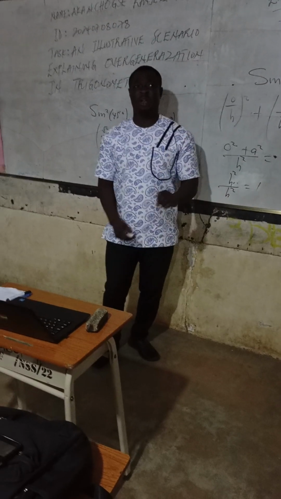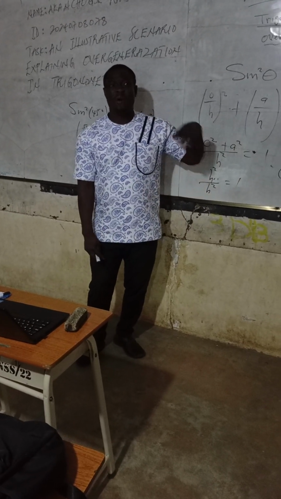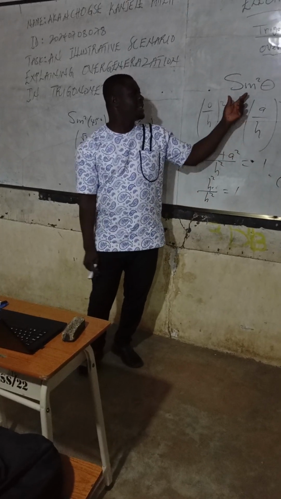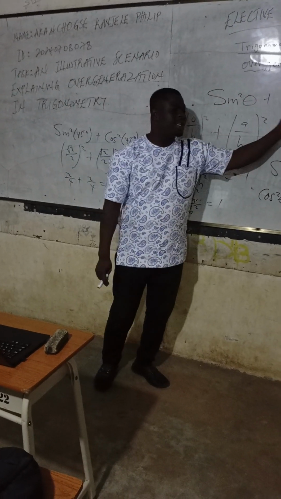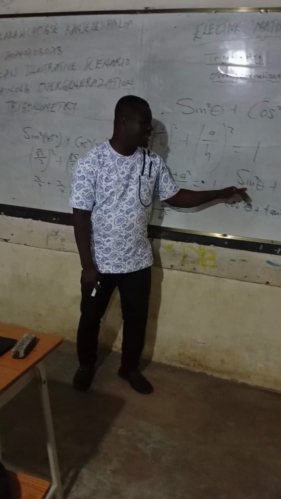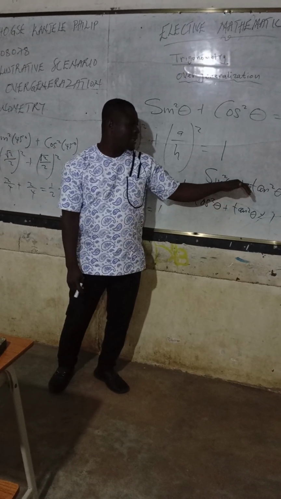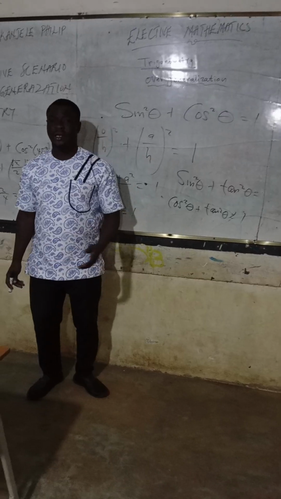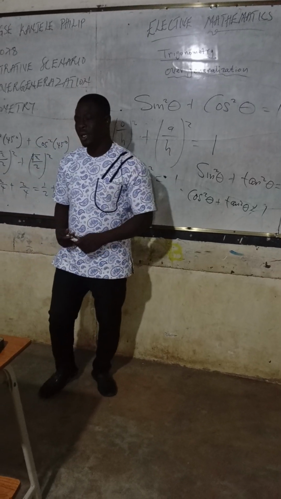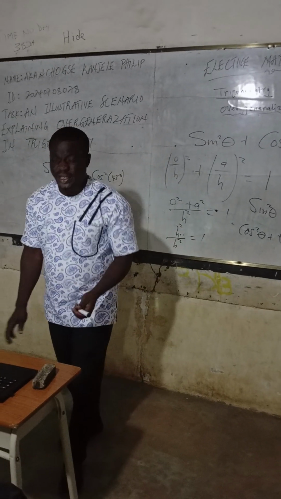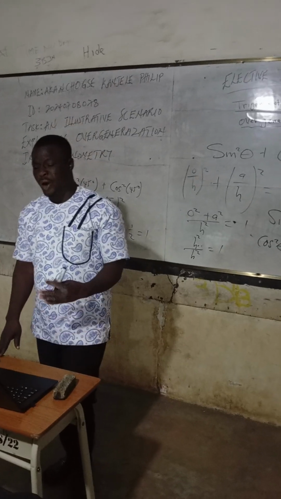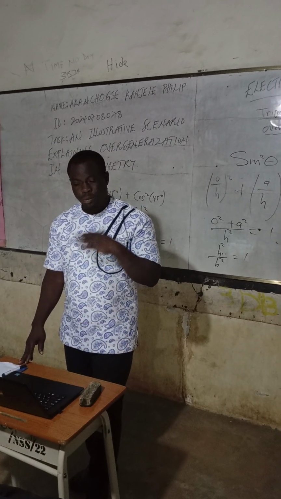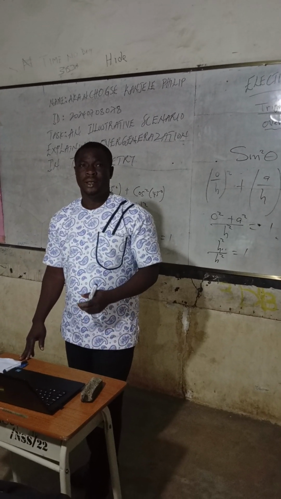So if they see a particular identity that is very simple for them, they conclude that since this plus that is equal to 1, whenever they see sine square theta plus tan square theta, it is equal to 1, which is not true. So I entreat students to always try to understand the concept rather than memorization. Thank you very much.